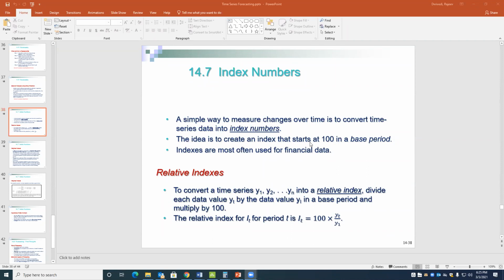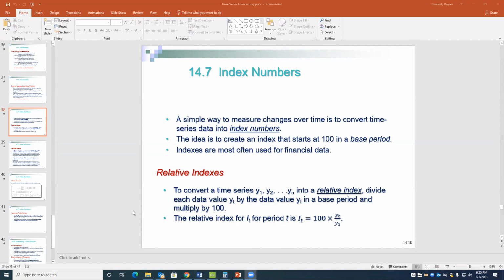Look into this. Index number: the idea is to create an index that starts at 100 in the base period. Indexes are most often used for financial data. To convert a time series y1 to yn into a relative index, divide each data value by the value y1 in a base period and multiply by 100.